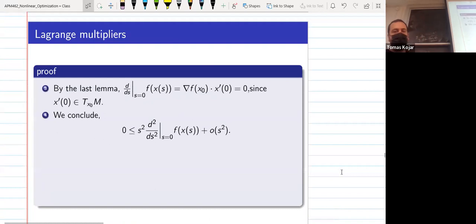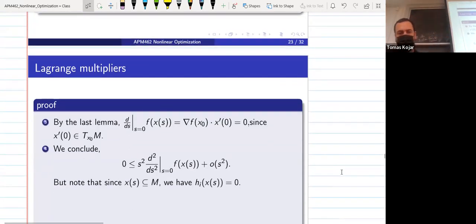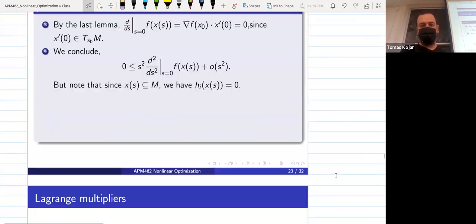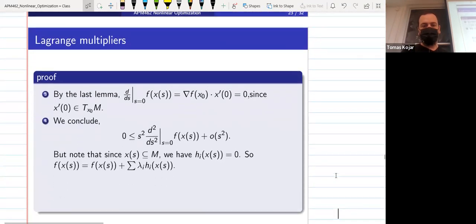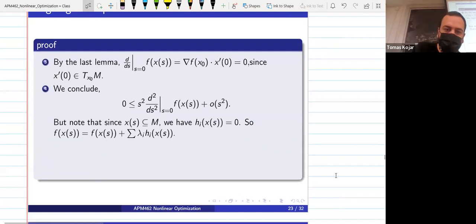So you get non-negative, and let's apply chain rule. Okay, so x of s is in the manifold, so h_i of x of s is 0. So we do this dirty trick.